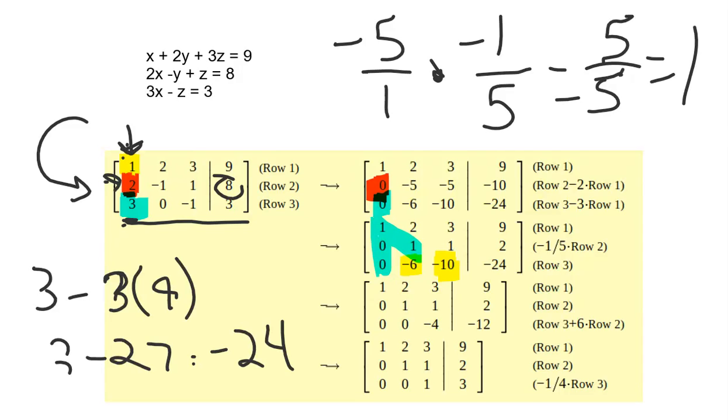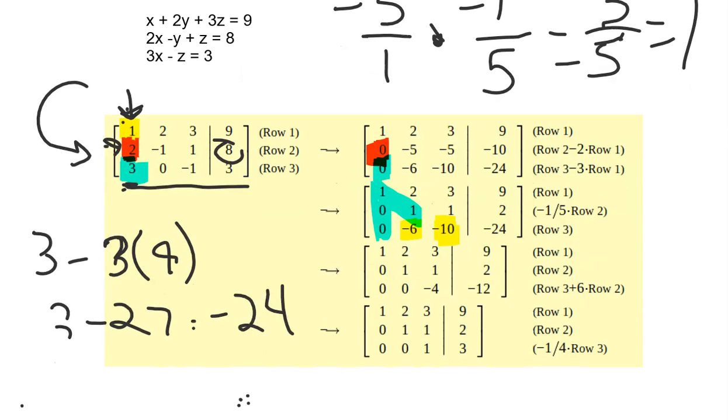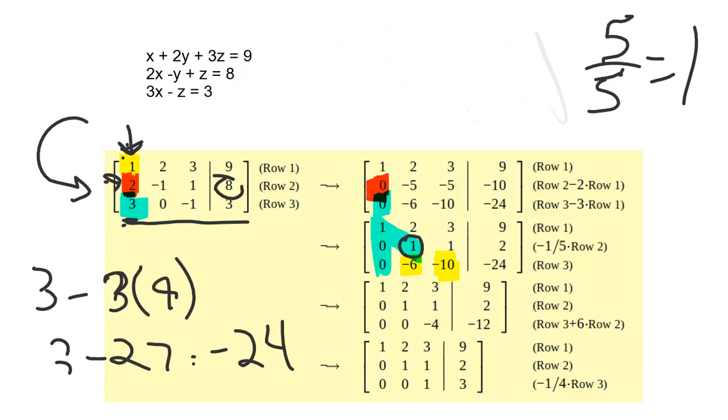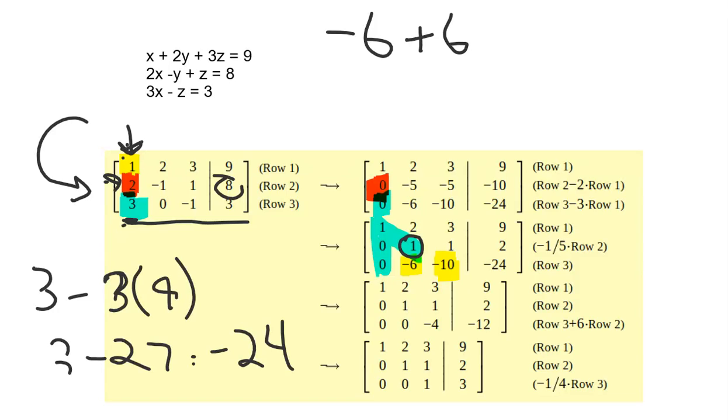To get rid of that negative 6, I can take negative 6, which I have here, and I can add 6 times row 2, because negative 6 plus 6 times row 2 is going to give me a 0 in that middle row.